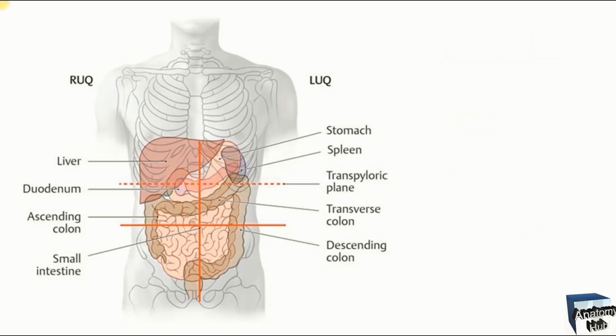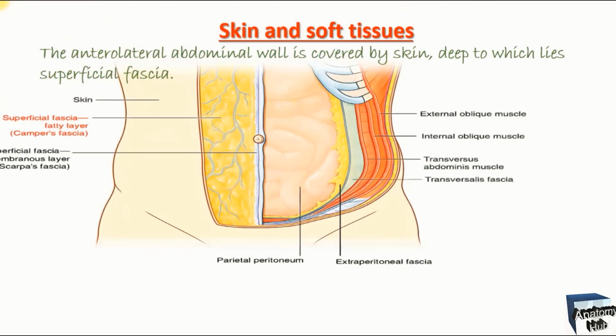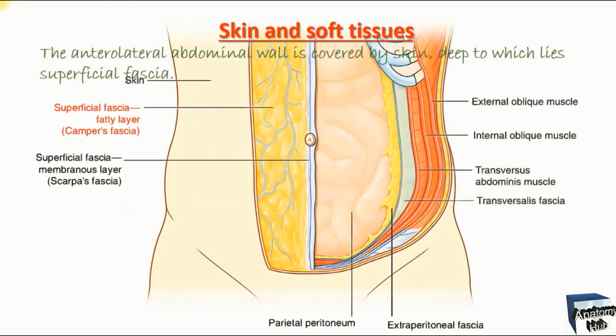Here we'll see that the skin and soft tissue are actually the most superficial, outer layer of the anterior abdominal wall.